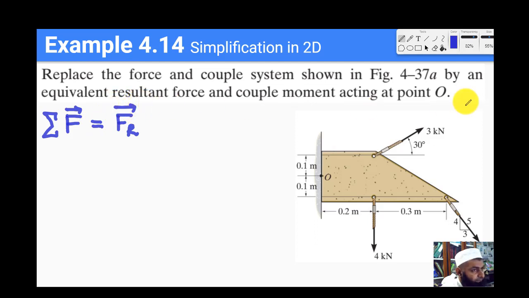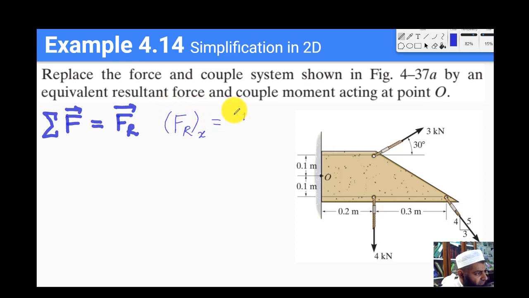To find that, we can say that the resultant force x component is just equal to the sum of all the x components of all the forces. Okay, and similarly for y.